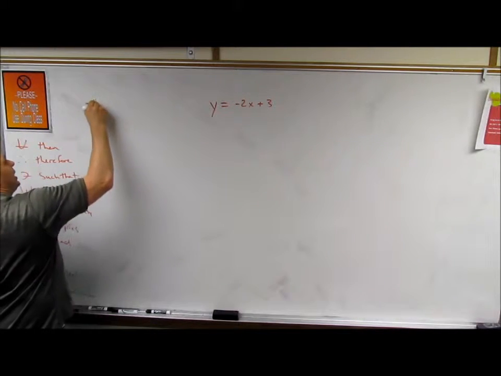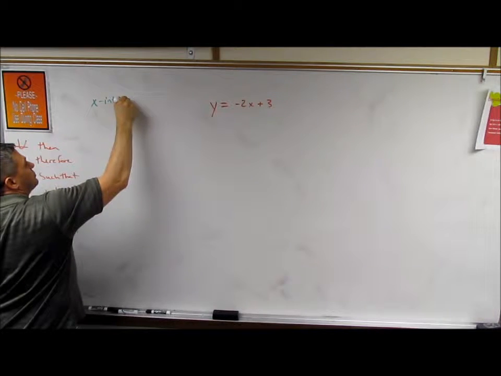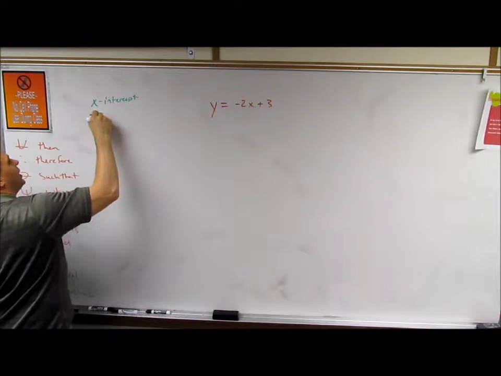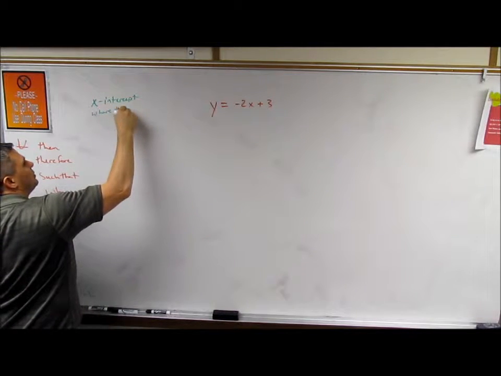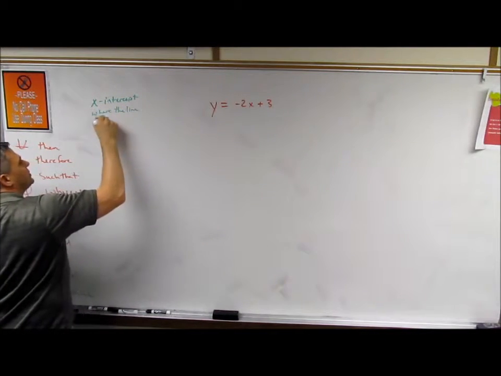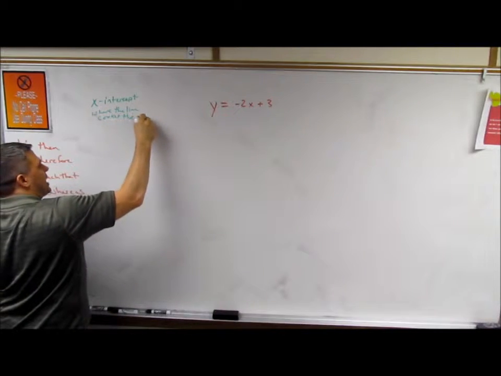So, x-intercept is where the line crosses the x-axis.